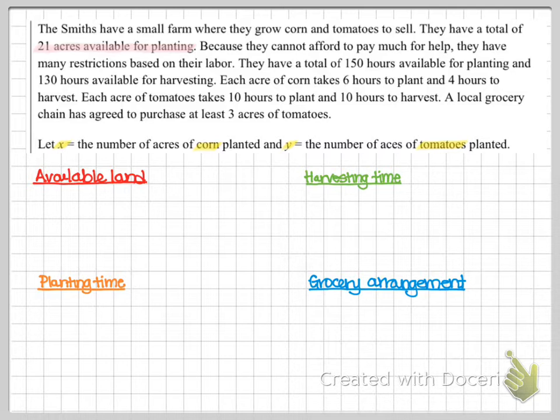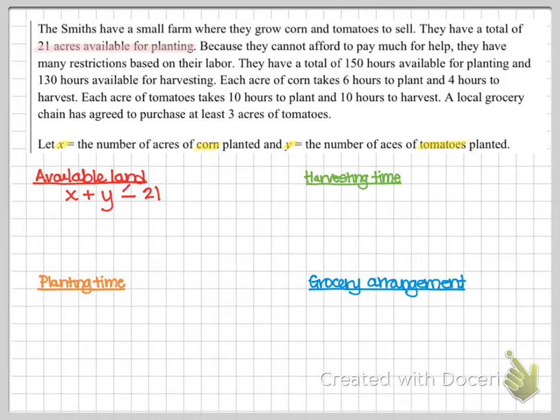If I take all of the acres of corn, x, and I add all of the acres of tomatoes, all planted, and they have 21 total acres, they could either use all of it, so it's equal to, or they could use less. They can't use more acres than what they have, though.